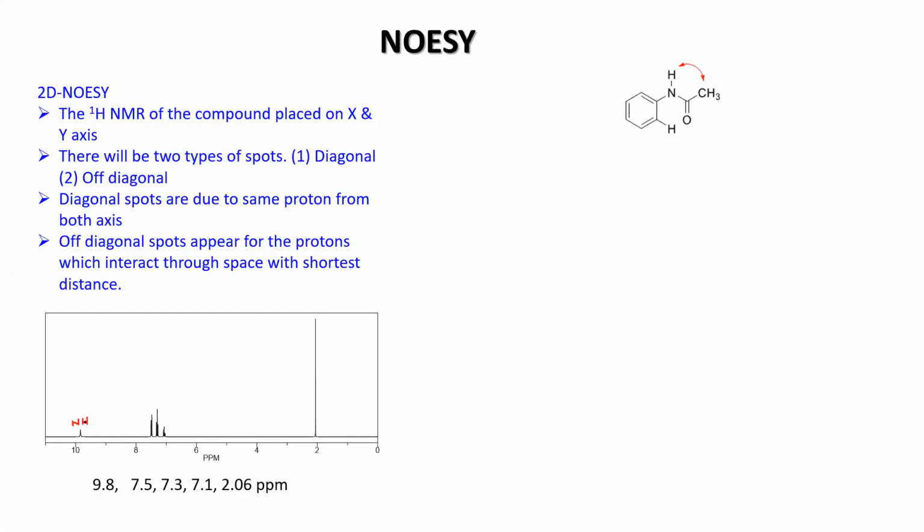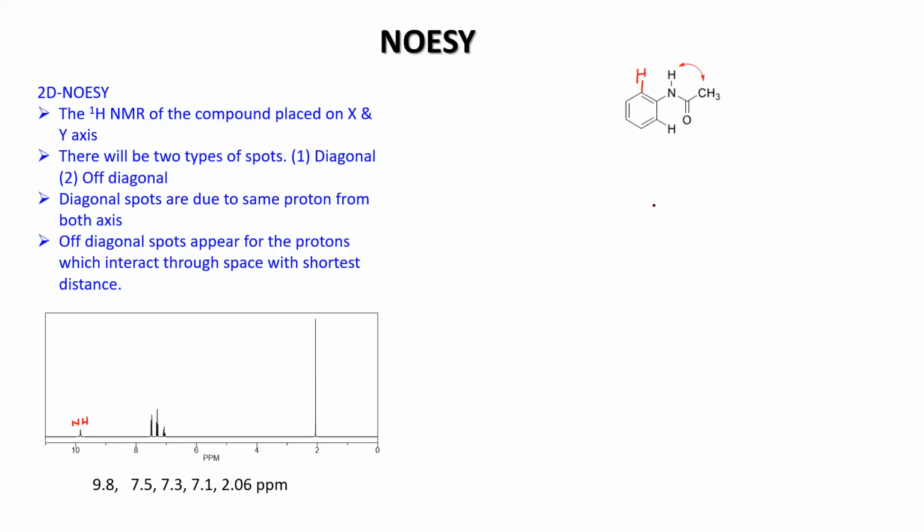You should be able to analyze the spectrum, but there is no time, so I'm just telling which one is for what. So NH proton will be 9.8, then 7.5. 7.5 will be the proton which is these two. These two protons will be 7.5.